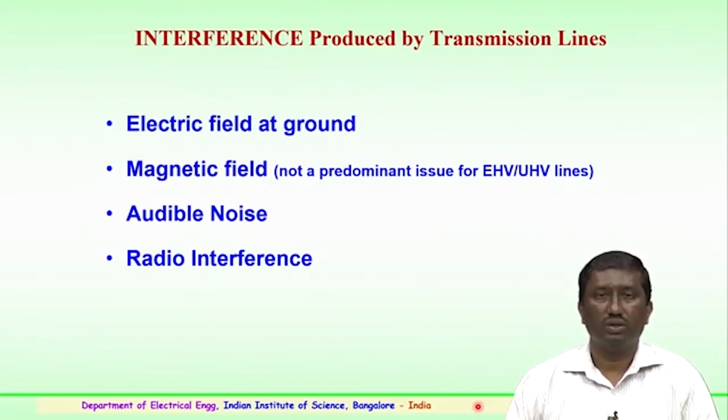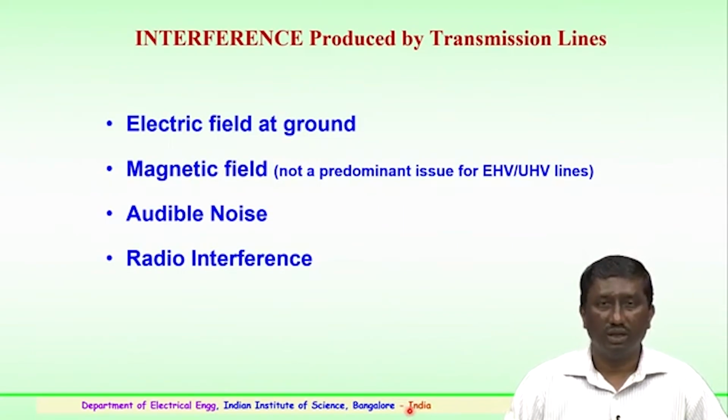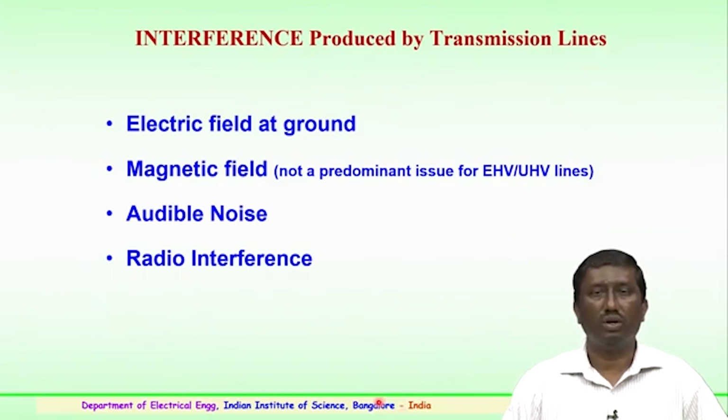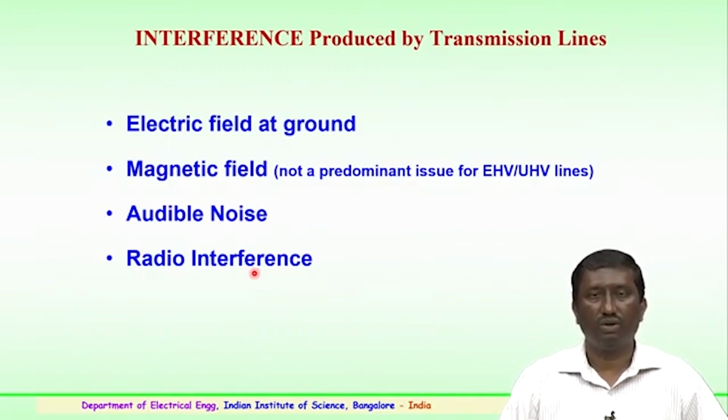So, the details of the values, particularly in the country for 400 kilovolts and above, UHV levels: the audible noise from the conductor during energization should not exceed 60 decibels, and in the case of radio interference, the level should not be more than 60 decibels, that is 1000 microvolts radio interference voltage.